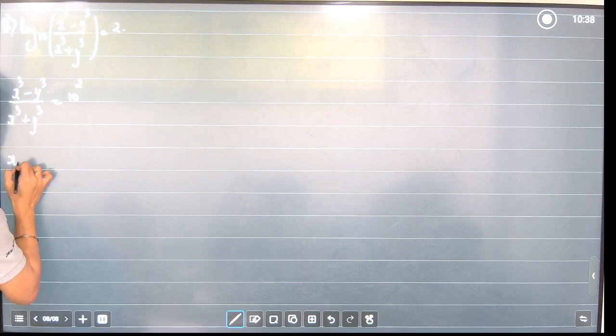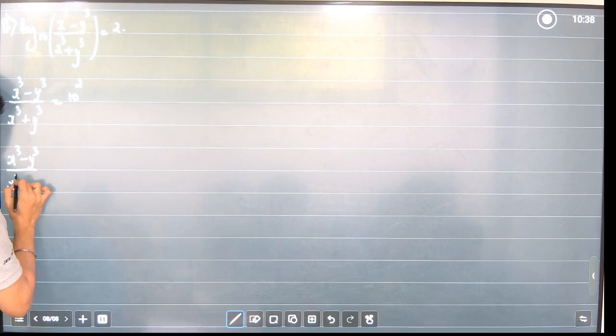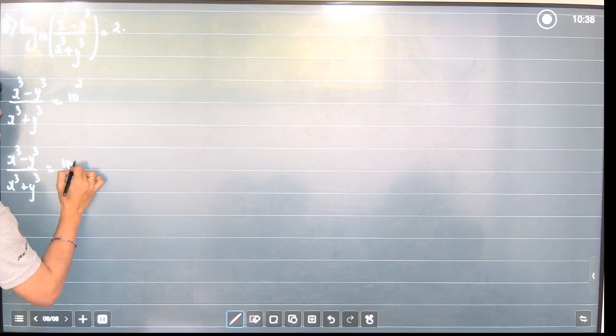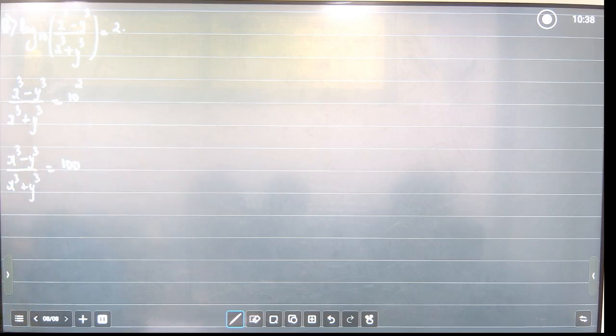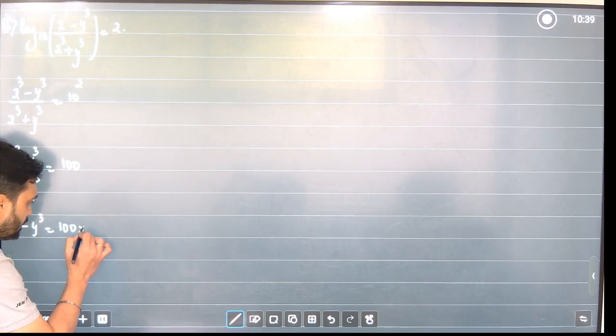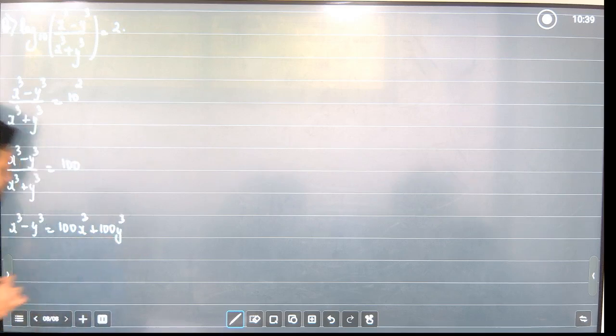Again, you can do componendo dividendo here. But since in the previous sum we have just solved it by normal algebra, what I'm going to do is: x cube minus y cube is equal to 100 x cube plus 100 y cube.